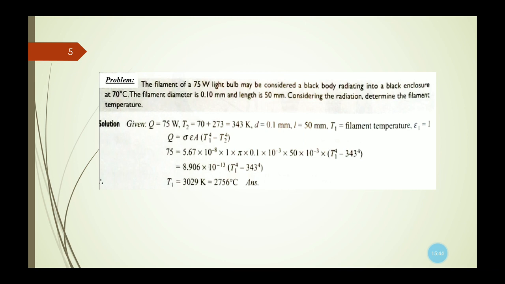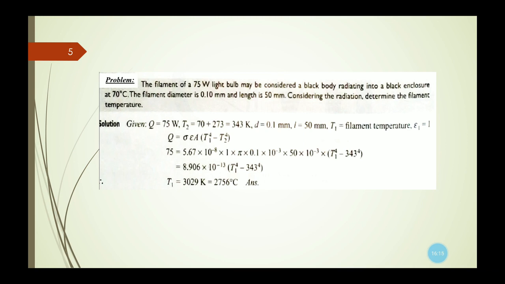So the filament of a 75 watt light bulb. That means Q is given as 75 watt. Then T2 is given as 70 degrees centigrade, that is 343 Kelvin. Then the filament diameter is given here as 0.1 millimeter, and the length of the filament is given as 50 millimeter.